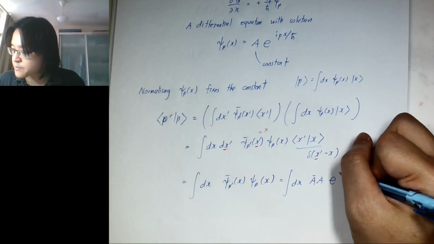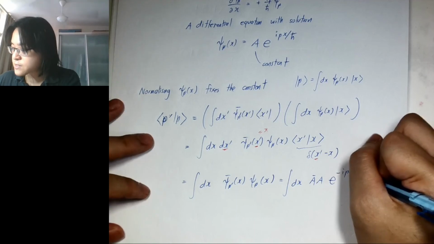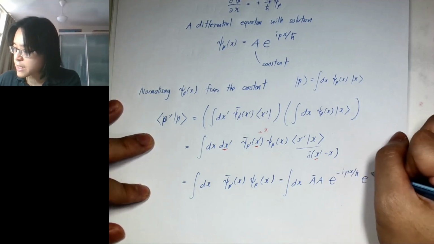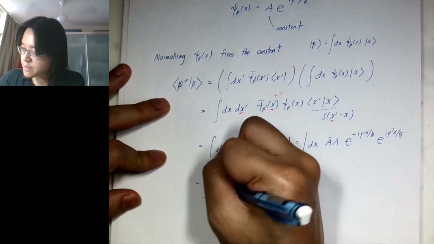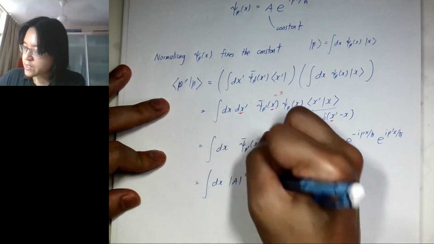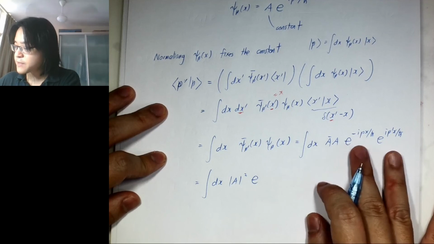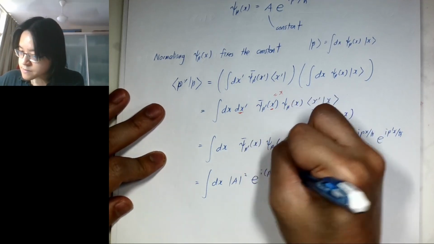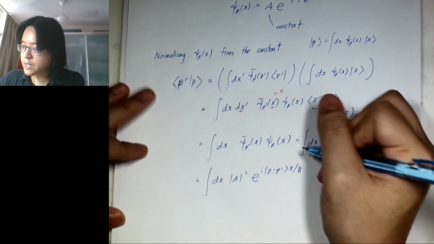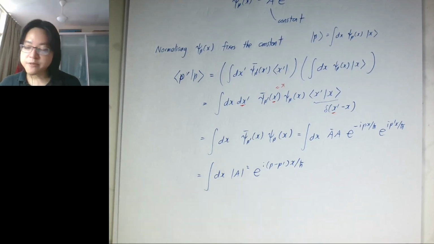So it's minus i p x over h bar, e to the power of, complex conjugate, i p prime x over h bar. So this becomes integral a square, and then this becomes e to the i p minus p prime x over h bar.